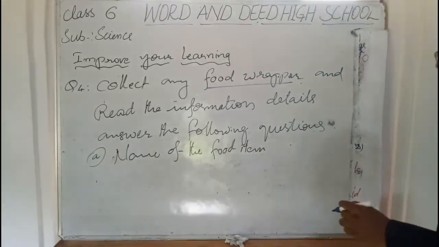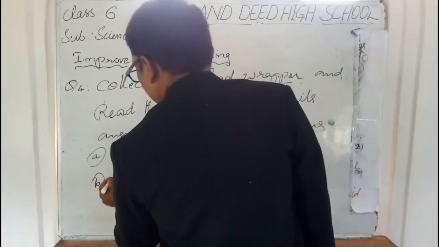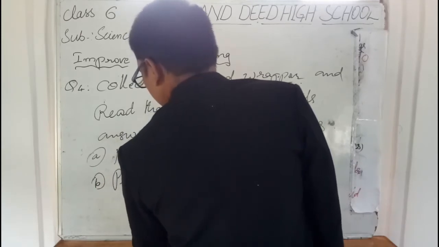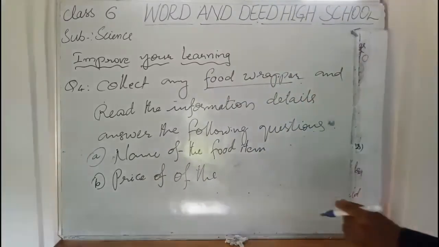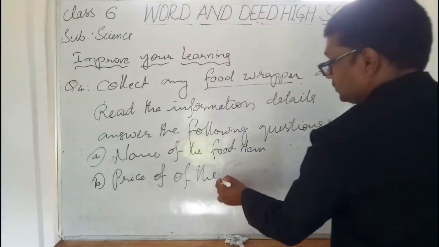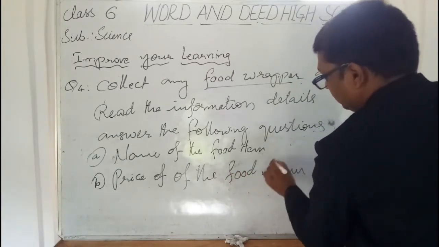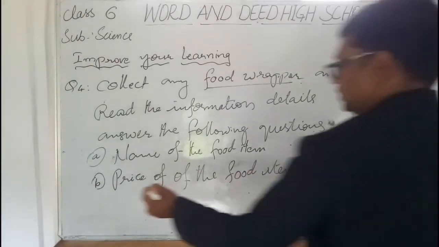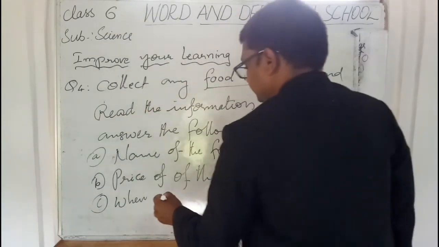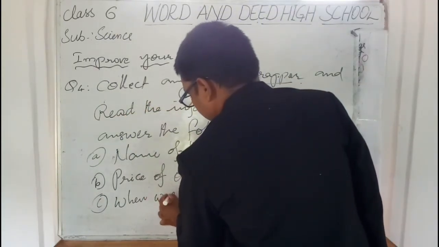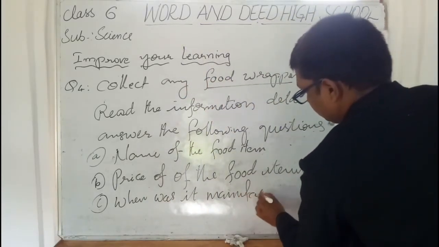and then what you have to write next: the price of the food item. Next, when was it manufactured?